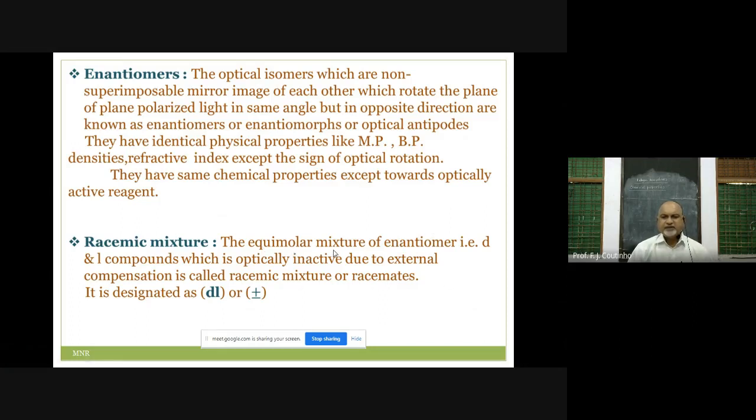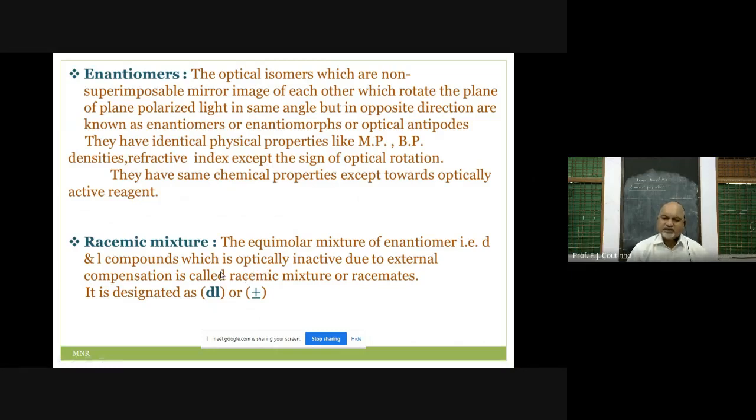Now this equimolar mixture of enantiomers, that is DL, of 2-chlorobutane or lactic acid, is optically inactive due to external compensation and is called a racemic mixture, or also called racemates. So we always say racemic mixture.